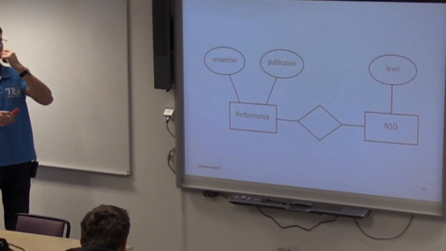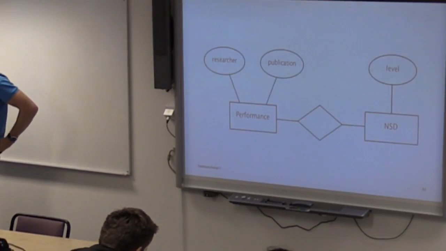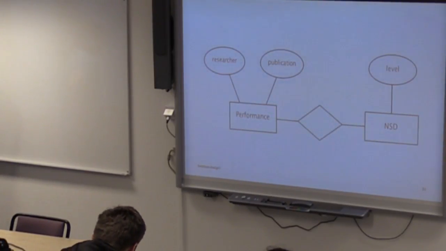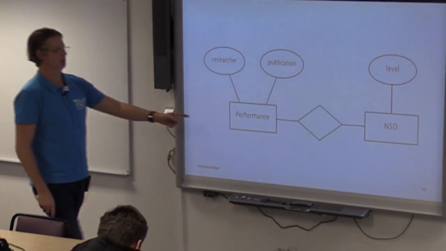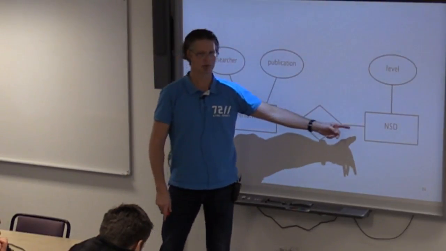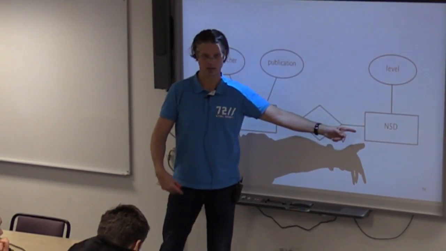The performance has two attributes, researcher and publication, and is related somehow to the NSD way of doing things. An NSD entity, and it has a level attribute. So, and if you could read this, then you had a performance could consist of 0 or more NSD levels.